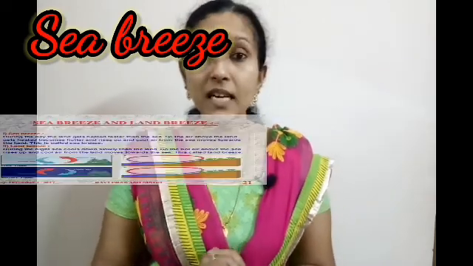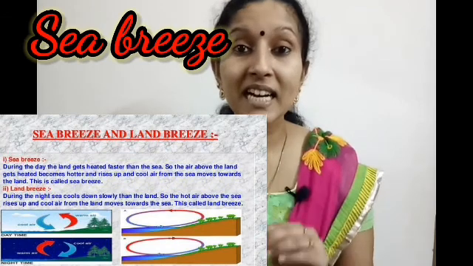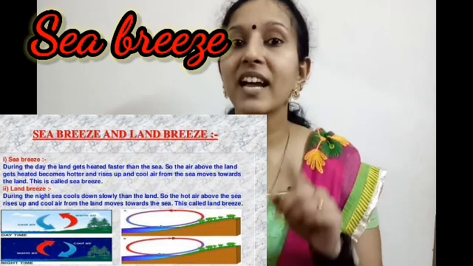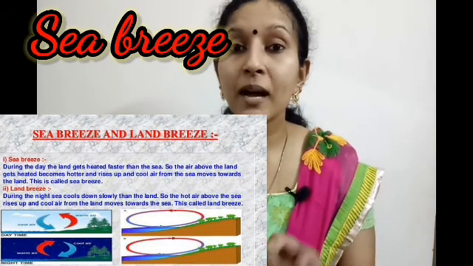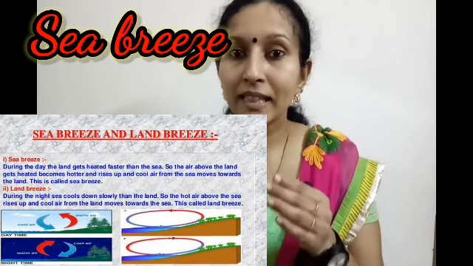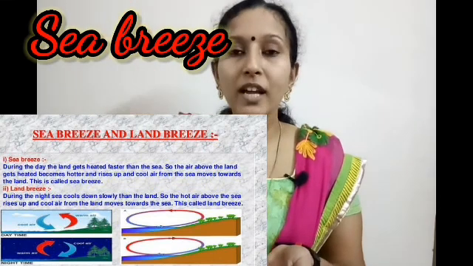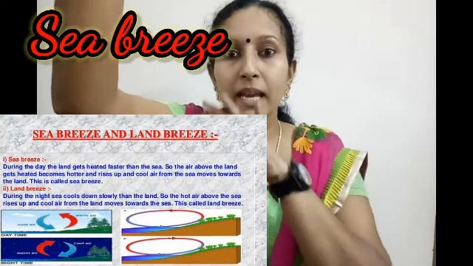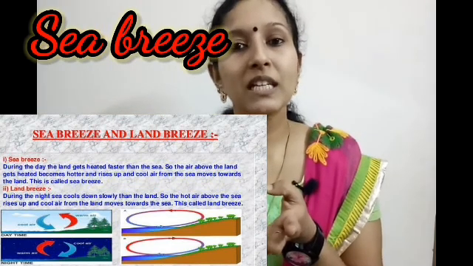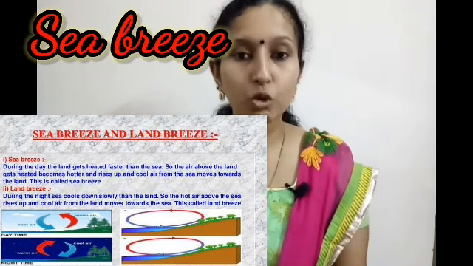So how is the process? During the day, land gets heated faster than the water. If the land gets heated faster than the water, the air over the land becomes hotter. When the air becomes hotter, the next step, hot air goes up. When the hot air goes up, it makes its space empty. So to that empty space, cool air from the sea rushes towards the land to fill that space, to take its place.